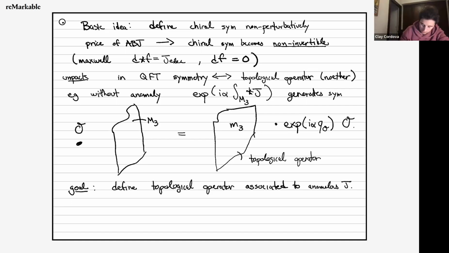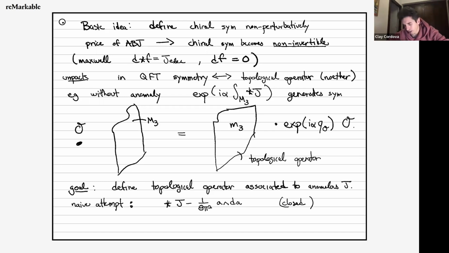So a naive attempt, which you can even read confusing things about in Weinberg. I think people started doing this immediately after the anomaly was discovered. You say, well, look, f wedge f, if I squint, is d of A wedge F. So I can write down star j minus 1 over 8 pi squared A wedge dA, and this is now closed, or its Hodge dual is conserved.